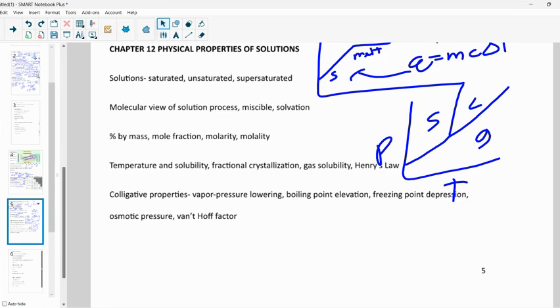This shows, if we just had a gas at a particular temperature, how can I get that to turn into a liquid? I can increase the pressure and I can get it to condense into a liquid, right? I'm pushing all those gas molecules together into a smaller and smaller volume. Eventually, they condense into a liquid. Obviously, I can also cool it down into a liquid, cool it down into a solid.